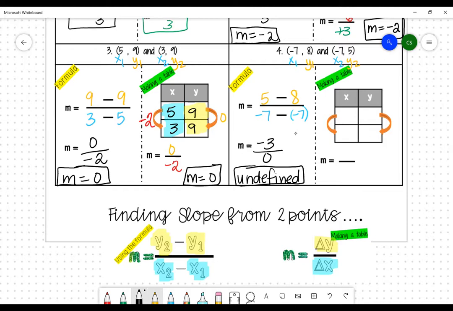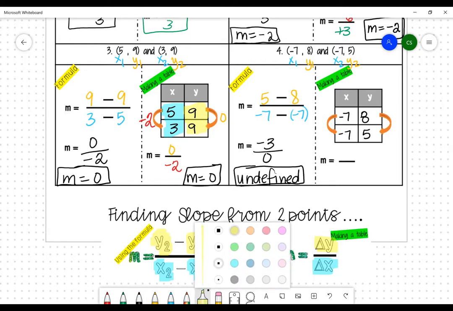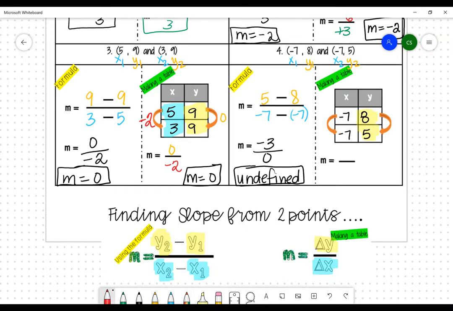Well, what if I needed to put it in a table? I can put my first point, which is (-7, 8), and my second point, (-7, 5). Well, my change in y, from 8 to 5, what is happening? It is decreasing by how many? 3. Well, from negative 7 to negative 7, what's happening? Nothing. So it's increasing by 0 because nothing's happening.